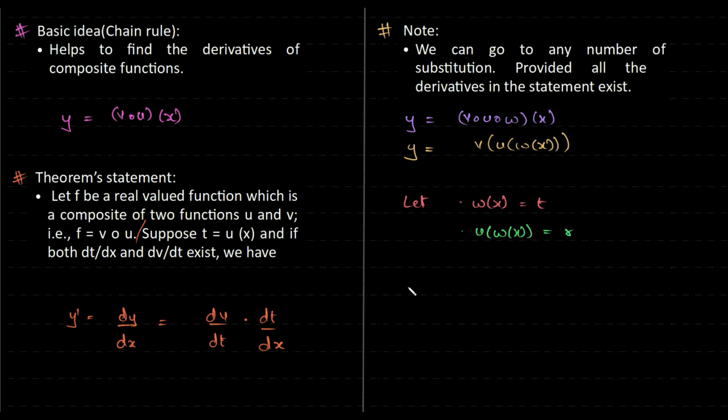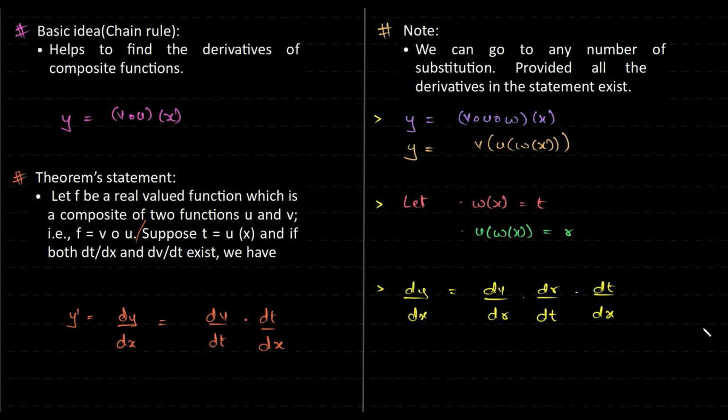So basically, with all of this in mind, I can find dy by dx as dy by dr, then differentiate dr by dt, that is this expression, and then finally differentiate dt by dx. So we can see technically this and this will get cancelled, this and this will get cancelled, and we'll get back the original dy by dx. That's what we want, right?